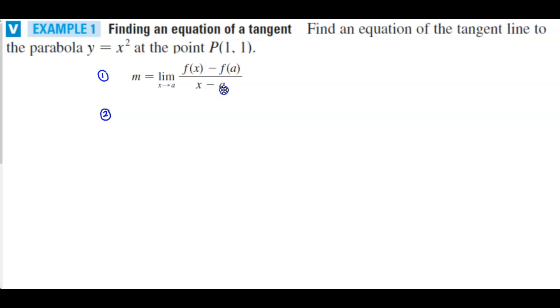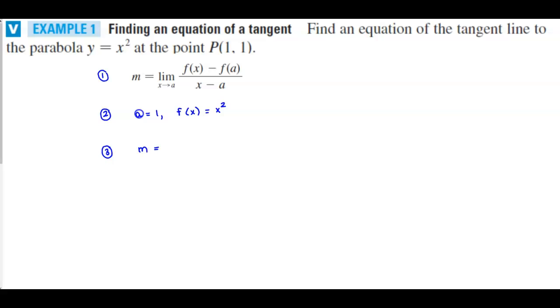We know that a represents the value of 1, and we know that f of x is x squared. So now we can plug it into the limit formula to find the slope.